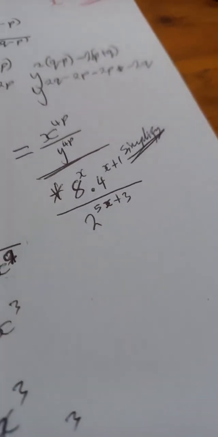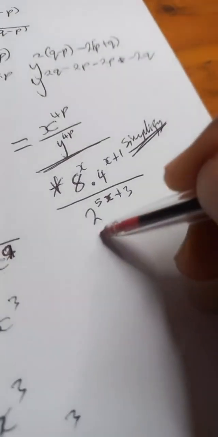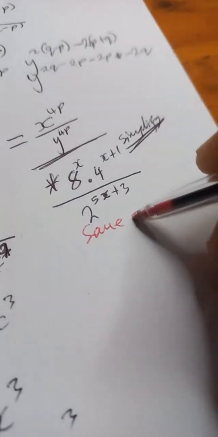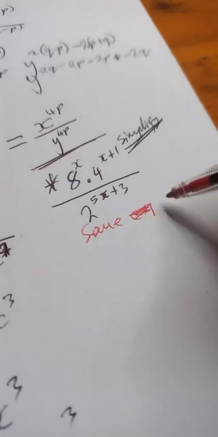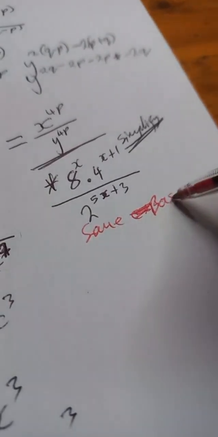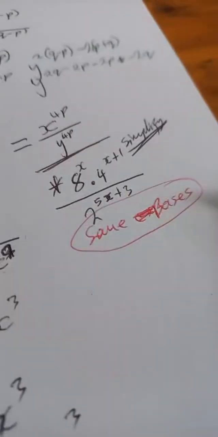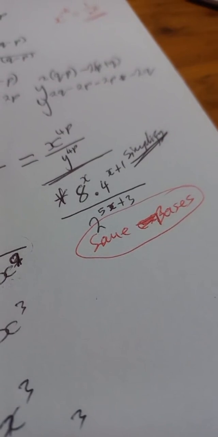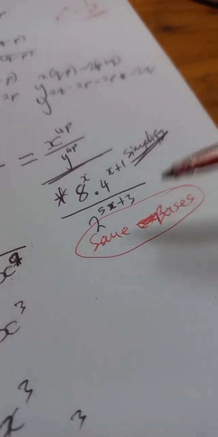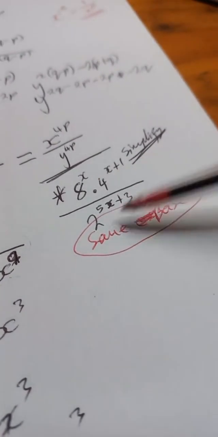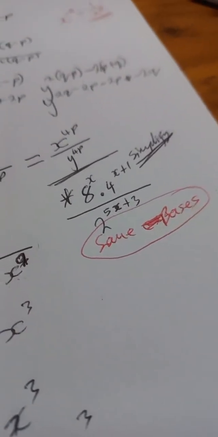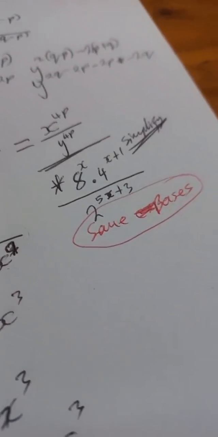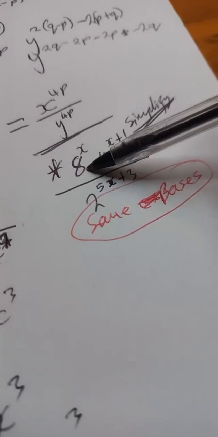Remember, the first drill is to make sure that we have the same bases. Our bases must be the same so that we can apply the laws of exponents. To apply the laws of exponents, the bases must be the same. All right? So, for us to apply the laws of exponents, this 8 must be 2 to the power of 3.